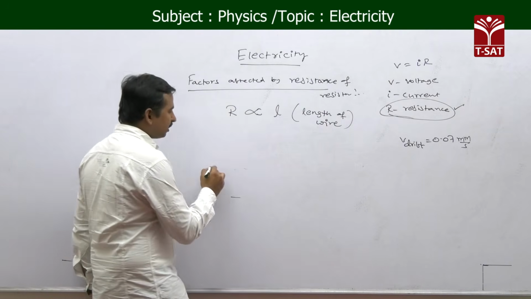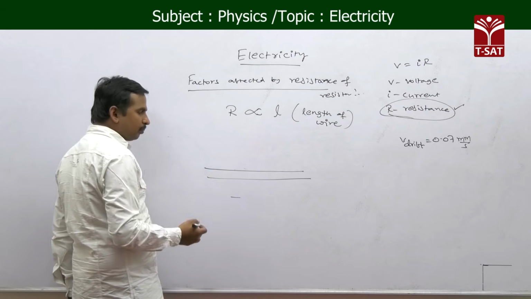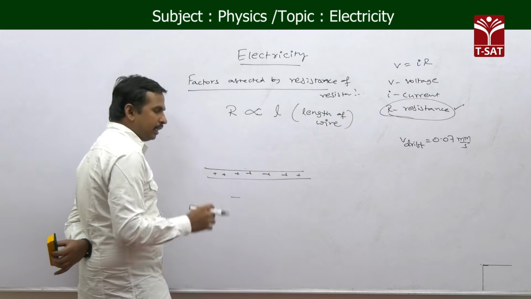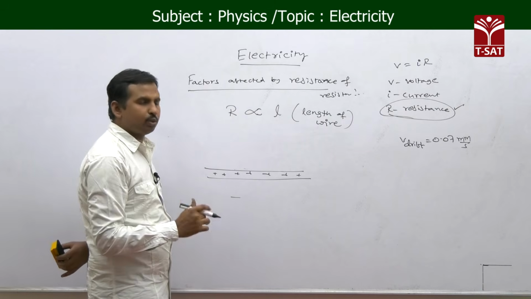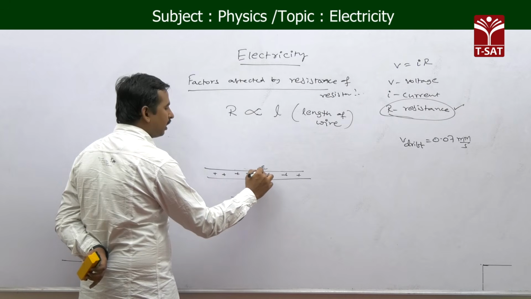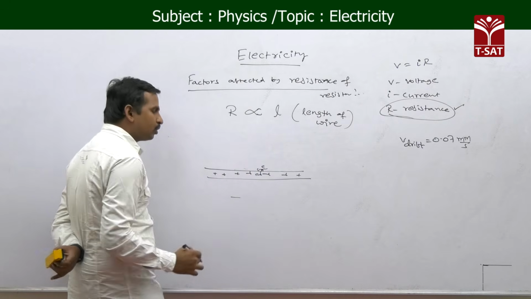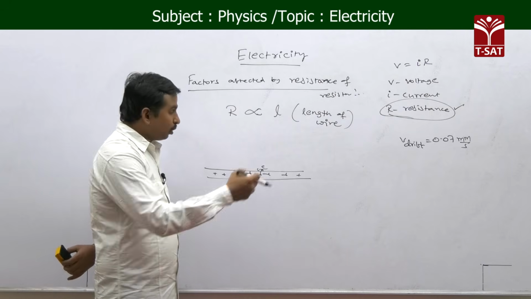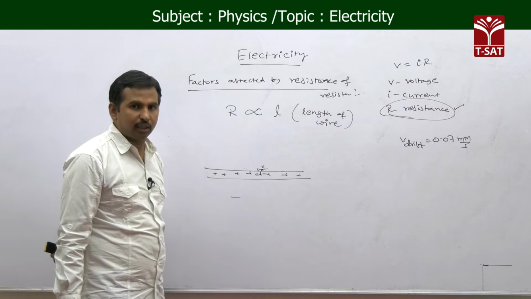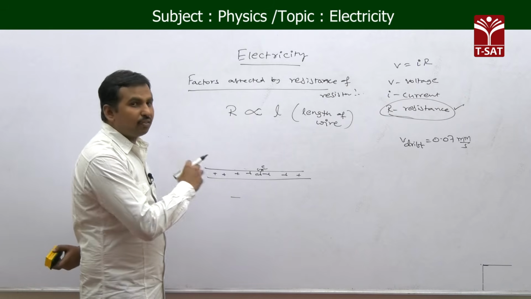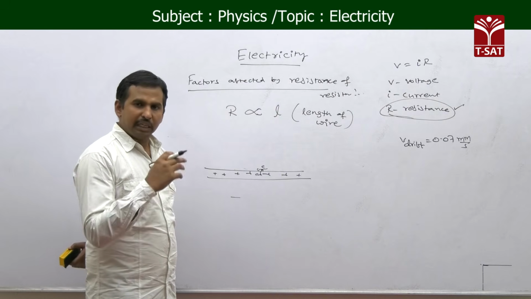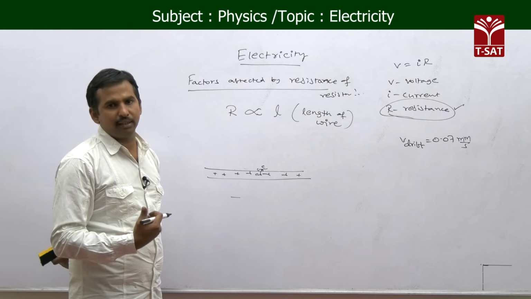Because when you increase the length, more positive charges are present in the lattice structure. Whenever the electrons move inside the wire, there are more chances of obstruction. As you increase the length, the speed of the electrons gradually decreases and the current gradually falls, which means the resistance is gradually increasing.